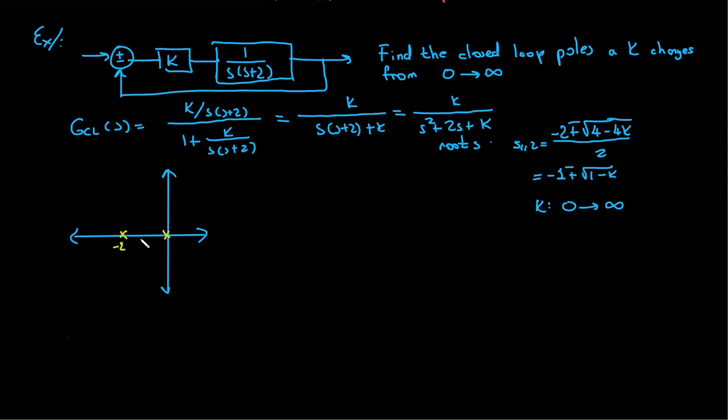So these two pole locations are going to get closer and closer when I'm increasing k from 0 to 1, okay? And when k is equal to 1, we have double roots at s is equal to -1, right? So these two roots are going to meet over here at point -1. So for k equal to 1, I will have double roots over there.